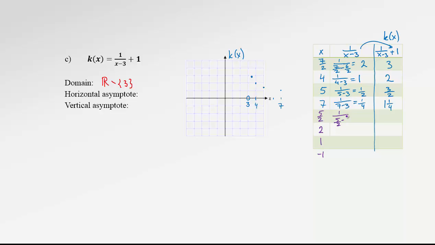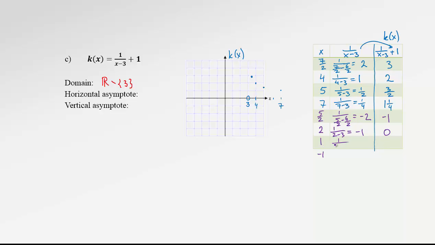Converting 3 into halves gives 6/2. So 5 minus 6 is -1/2. And the reciprocal of it is -2. -2 plus 1 results in -1. If x is 2, we end up with 1 over 2 minus 3, which gives us -1. Plus this extra 1, it will give us 0.